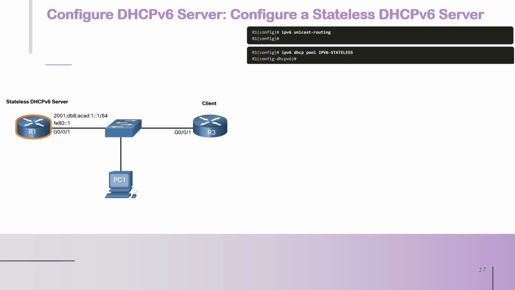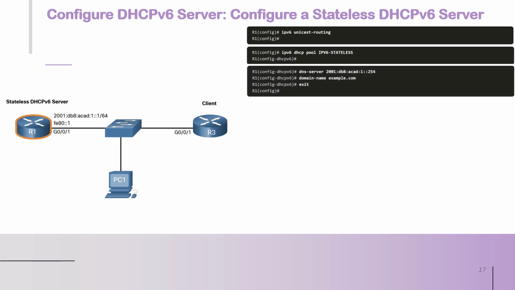The third step is configuring the DHCP version 6 pool, which means that Router 1 will be configured to provide additional DHCP information, including DNS server and domain name, as it is shown here in the command prompt.